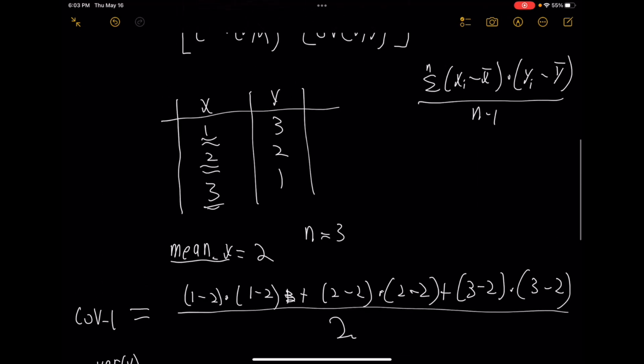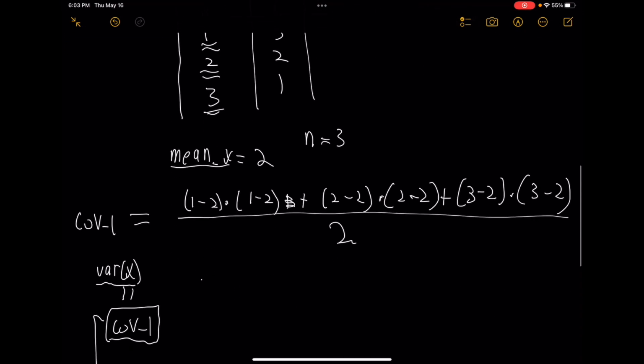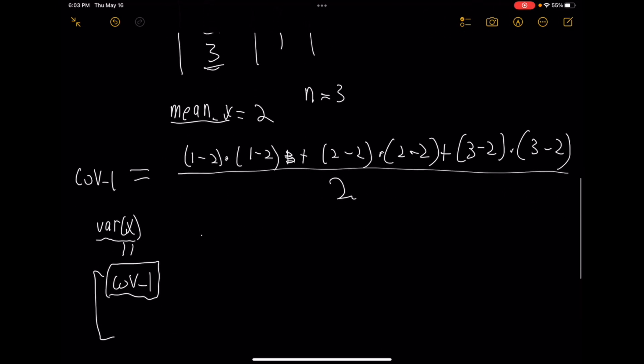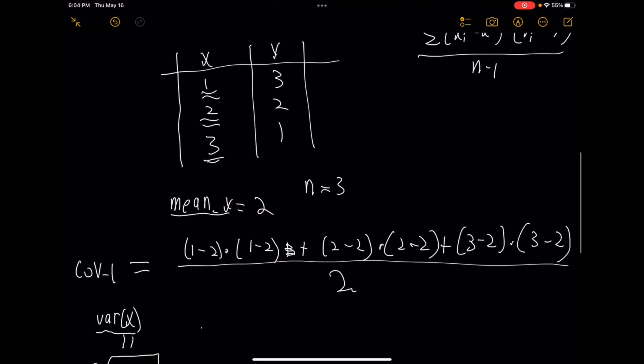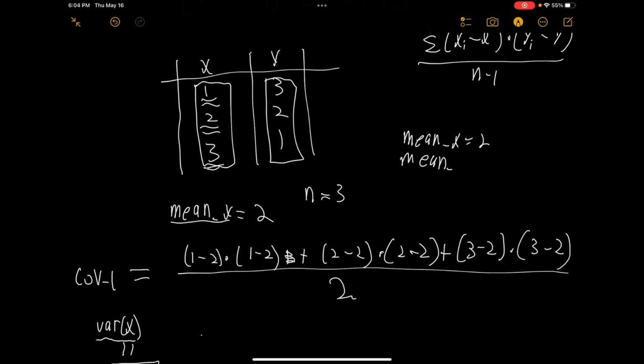Now let's move on to the next example where we have the covariance of x and y. This one's a little more interesting because it's the actual covariance versus just the variance. So here we would need first the mean of these numbers, and then the mean of these numbers. In our case, the mean of x equals 2, and the mean of y equals 2.